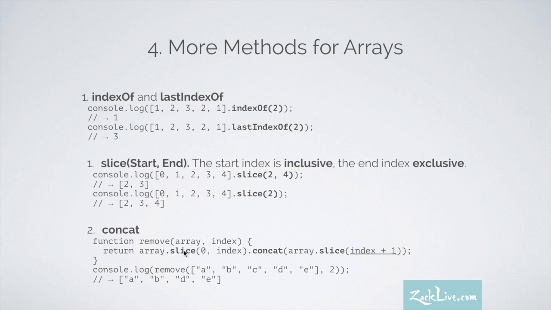In the first slice, the end index is exclusive, so the element at that index will not be included. That's how we remove the element at that index. Yeah, you should try this in your JavaScript console.